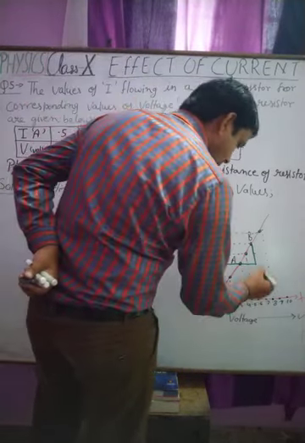Therefore, we have a triangle ABC in which the line AB is inclined with an angle theta and this one is at 90 degrees. Okay, student?